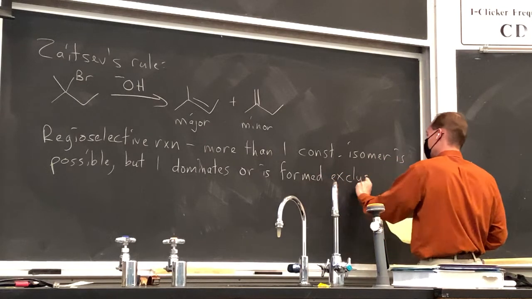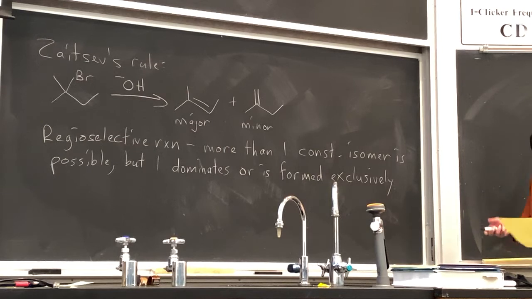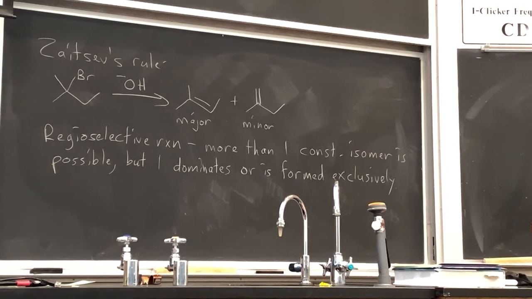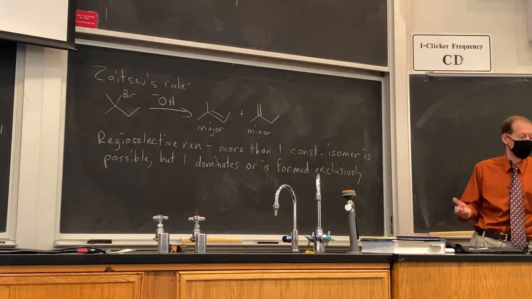So we have 2 possible constitutional isomers. We have a major product, one that dominates over the minor product. So the E2 reaction is a regioselective reaction. The more substituted constitutional isomer will be the major product.